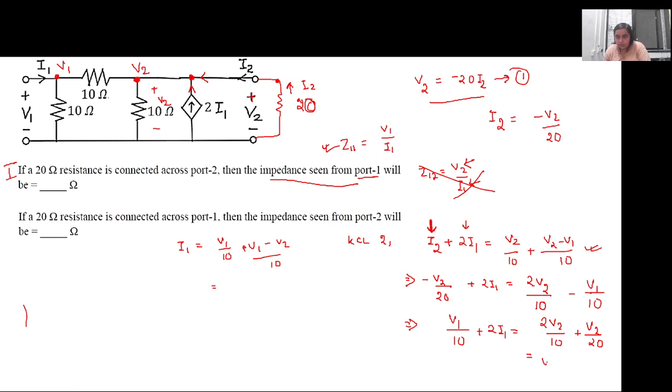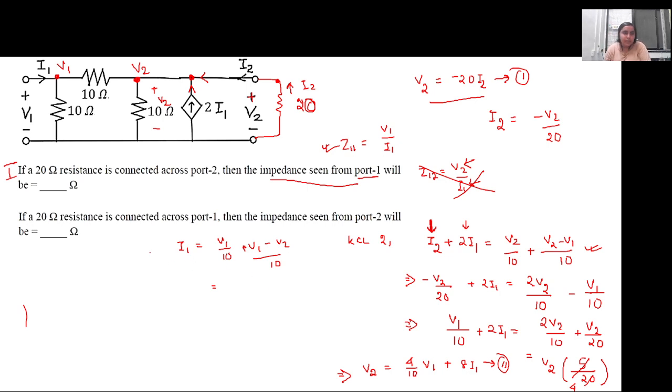So if I take V2 common, 20 will be the LCM, so it will be 4 plus 1, 5 by 20. So if I write V2 in terms of V1 and I1, V2 will be equal to 4 by 10 V1 plus 8 I1. Let this be equation 2.